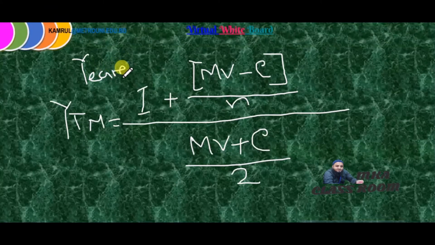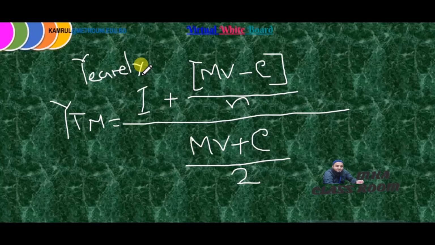Whenever interest or coupon is paid yearly, we use this formula: YTM equals I, the yearly coupon payment, plus MV minus C divided by N, divided by MV plus C divided by 2.